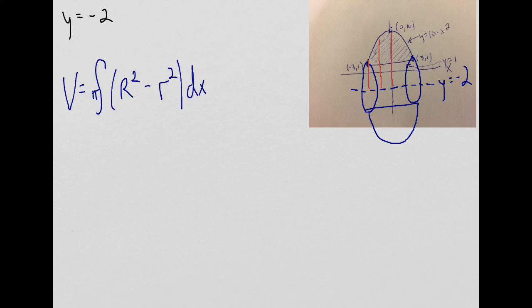So let's go off of this one right here. You should see that it's made up of 2 blocks, and you could look at them in several different ways. I'm going to look at them in what I think is the easiest way. The first block is from the parabola down to the x-axis, and that is the height of the parabola, which is 10 minus x squared.